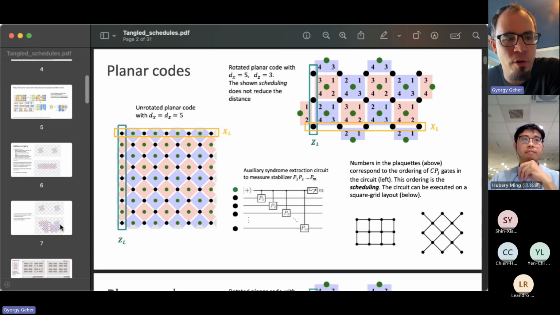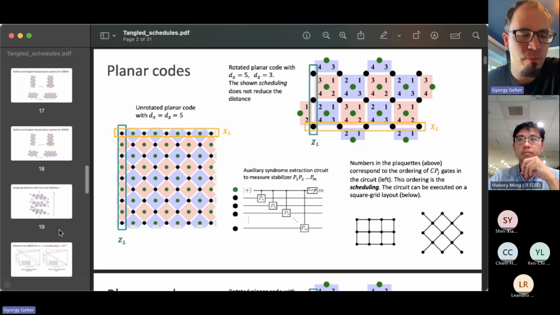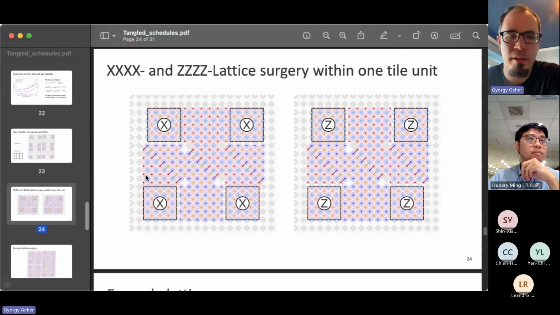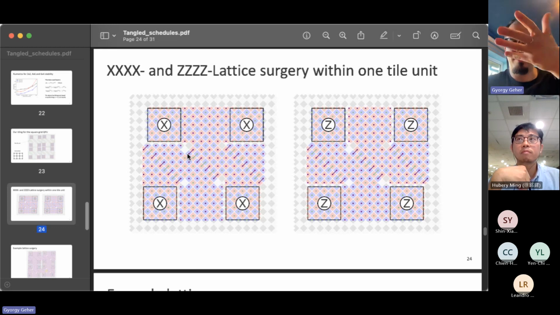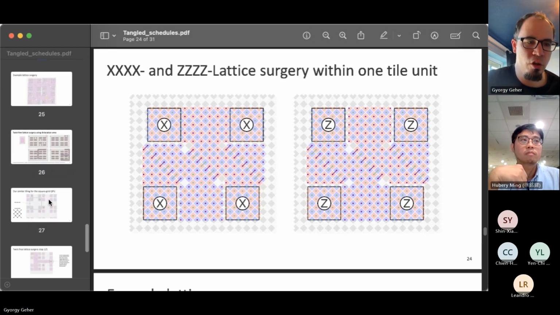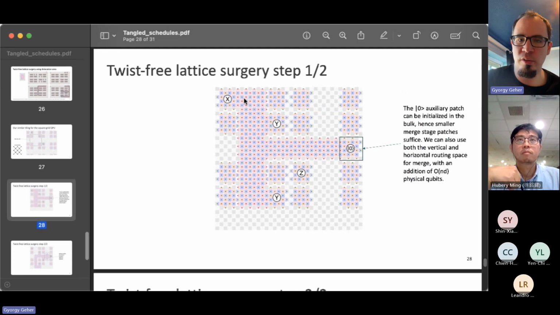So in the proposal for lattice surgery here, what we said in the paper is that we would schedule each plaquette in this lightning bolt shape, and you can just reflect the scheduling along this diagonal line to get it tangled, and that would work in 4 layers. For the rotated planar code case, this one, you just use the standard scheduling, because these are local stabilizers.